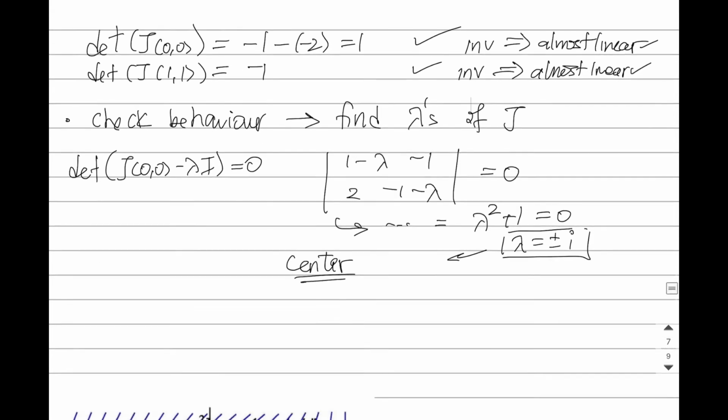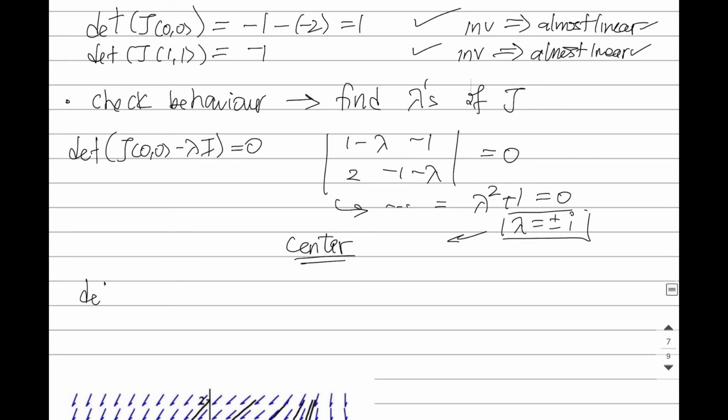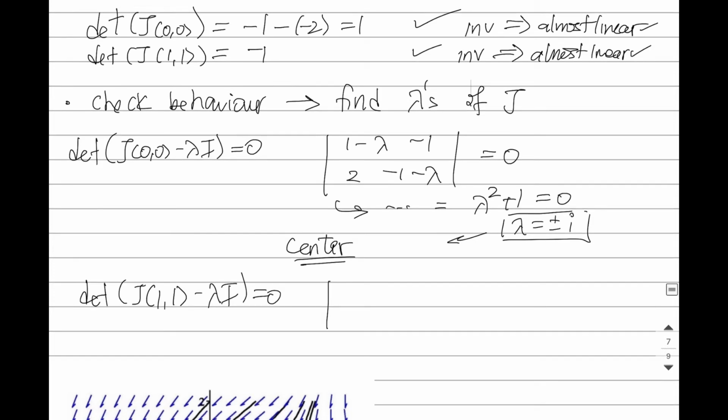Now, if we were to do the same thing with the Jacobian at 1, 1, the Jacobian matrix is a little bit different in this particular case, but if we were to go ahead and build it and construct it here, what we would find is something similar. We would find that we'd get lambda squared minus 1 is 0, so lambda would be plus or minus 1. And that means we would have a saddle.